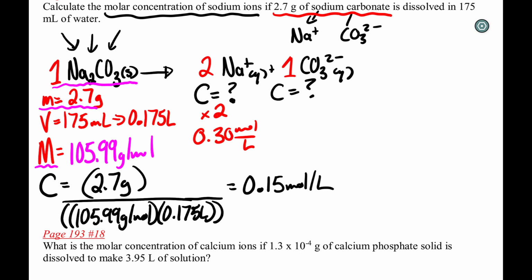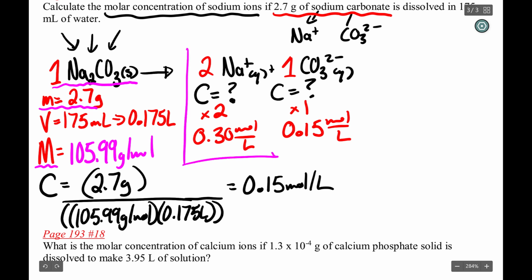And then this one would be the exact same because I'd be multiplying this by 1, so this would be 0.15 moles per liter. So I know the concentration was only about sodium, but in order to get there, we had to do the concentration of the solid dissolved and then multiply the coefficient, which is essentially just doing a mole-to-mole ratio.